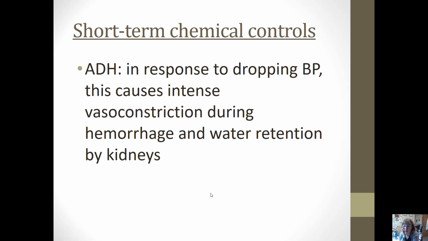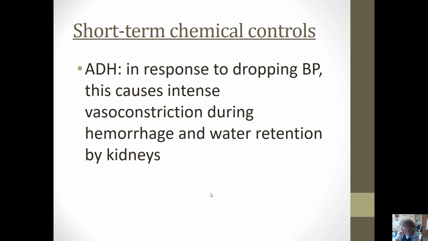Also working with the aldosterone to support that will be ADH, or antidiuretic hormone, or arginine vasopressin. Sometimes you'll see it as vasopressin or ADH. It's the same hormone.